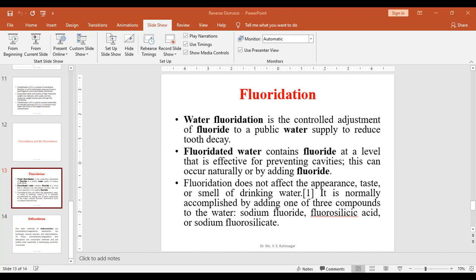And the third statement I made: excess, more than 5 ppm fluoride, causes deformation of bones.